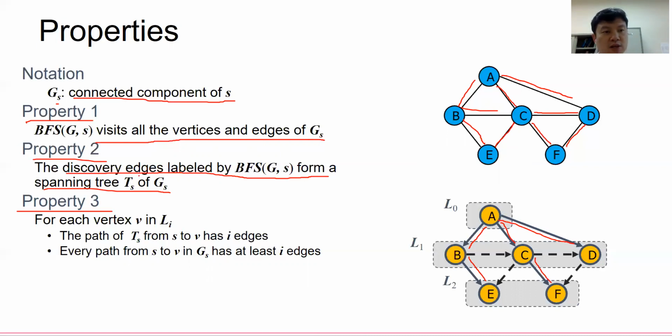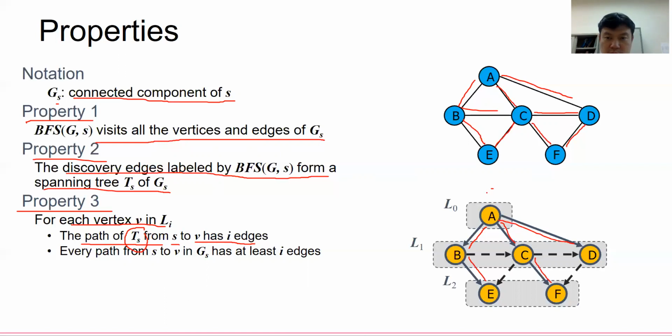The property 2 means I create the spanning tree, and the property 3 means that for each vertex in Li, there is a path. Okay, there is a path from S to V which has I edges. Okay, so the TS, it means the tree or the spanning tree from S.